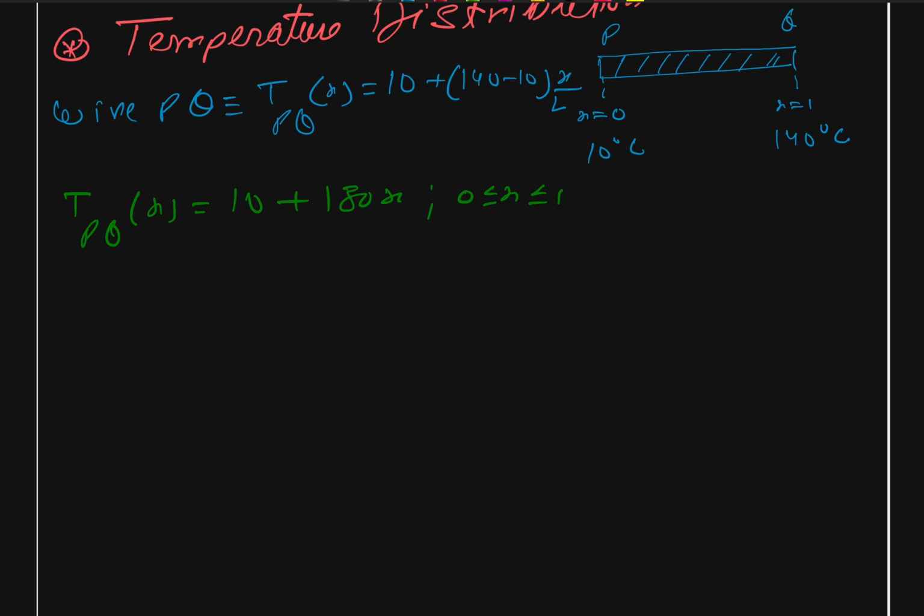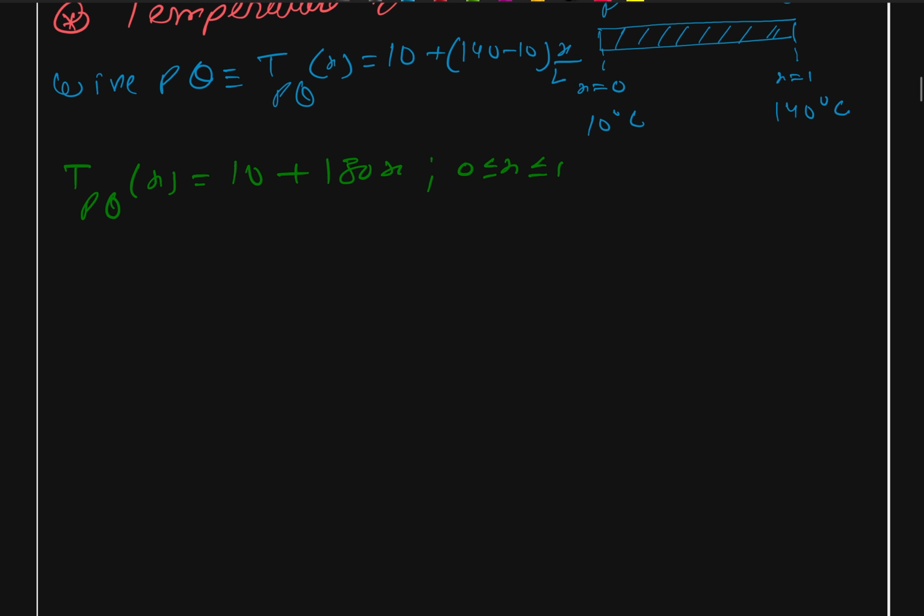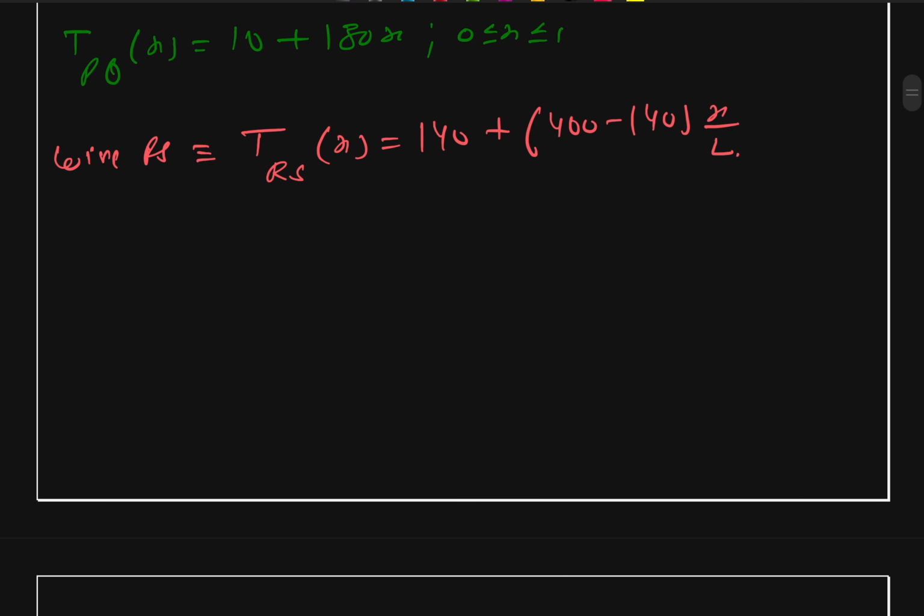And similarly we can write for RS also. So for wire RS individually, the temperature of RS dependent upon X will be equal to 140 plus (400 minus 140) times X upon L, and we get T of RS equal to 140 plus 260 times X, and here also X should be greater than 0 but less than or equal to 1.